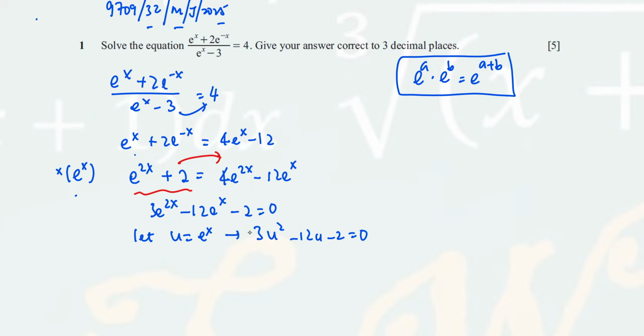Now, I can't factorize this quadratic equation. Therefore, I will be using the quadratic formula. The quadratic formula, ax squared plus bx plus c equals 0, then your x will be minus b plus minus square root of b squared minus 4ac over 2a.